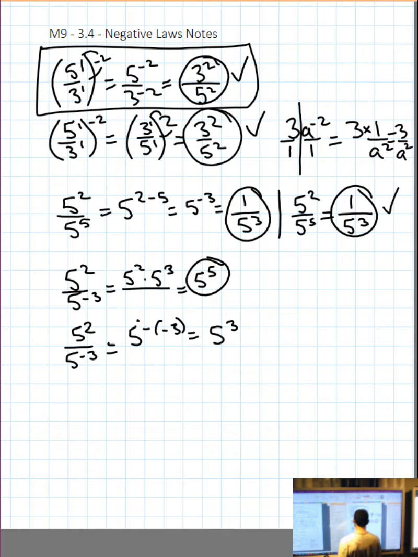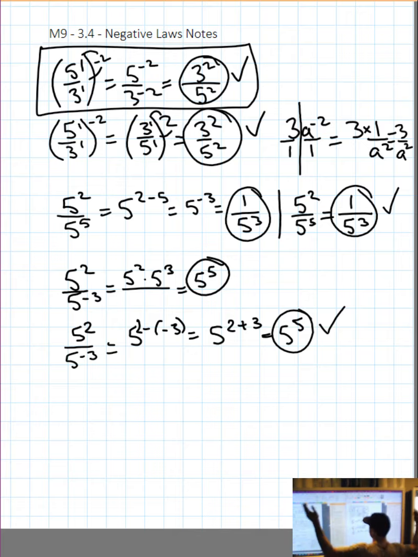I forgot the 2 minus. 2 minus negative 3, which is 2 plus 3, which is 5 to the 5, same as above. So, there's some more examples where you can subtract from the bottom and leave it there, or whatever you want. Just don't break any of the laws.